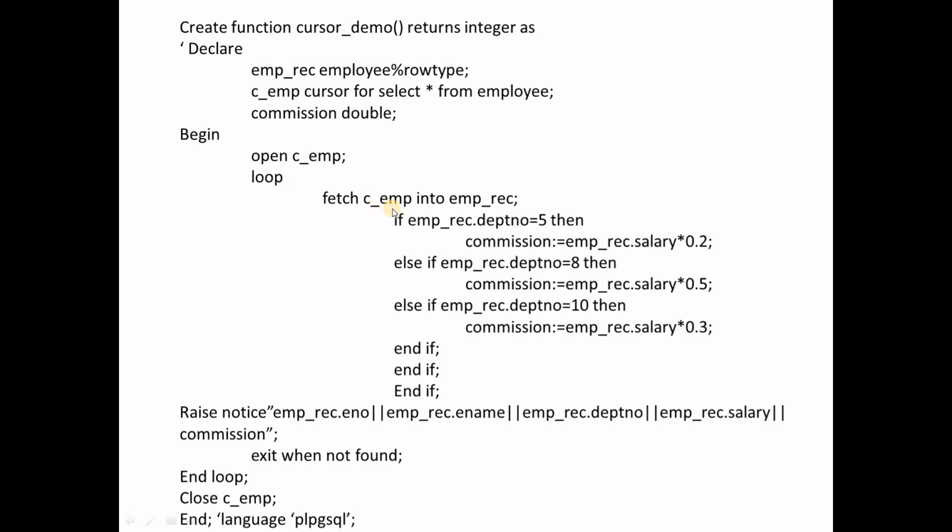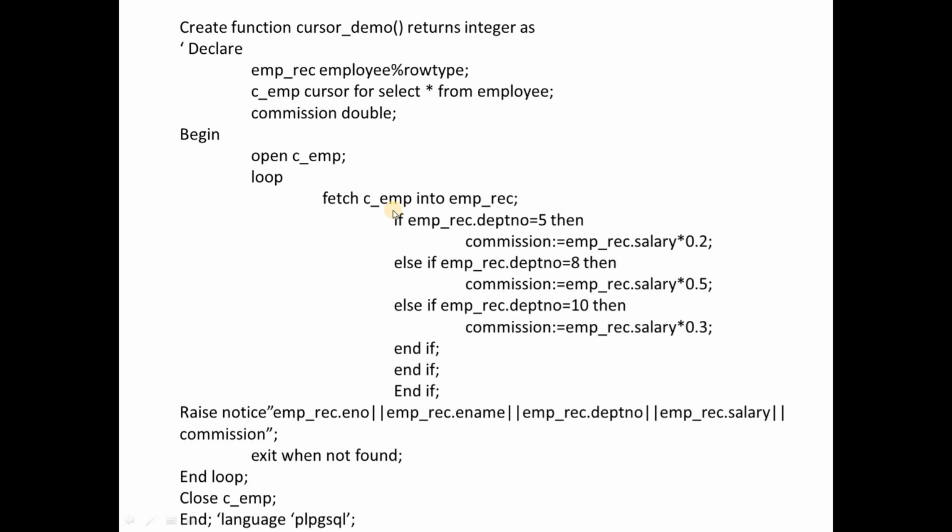Okay, after that under this loop keyword I use a fetch command here, because I have to fetch a particular record, an individual row, from your CEMP cursor, because in each row each employee record is stored there.